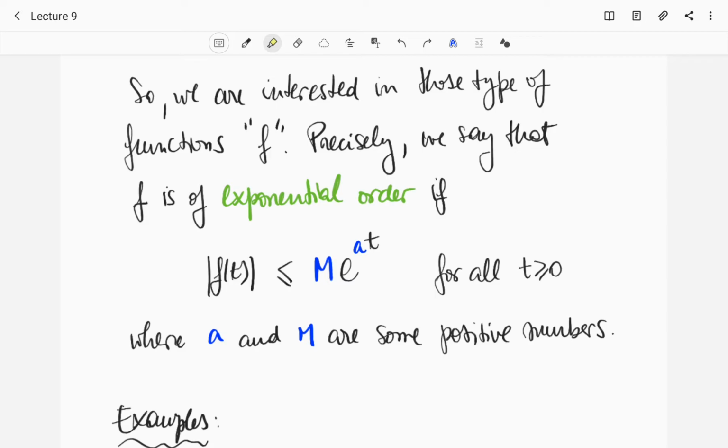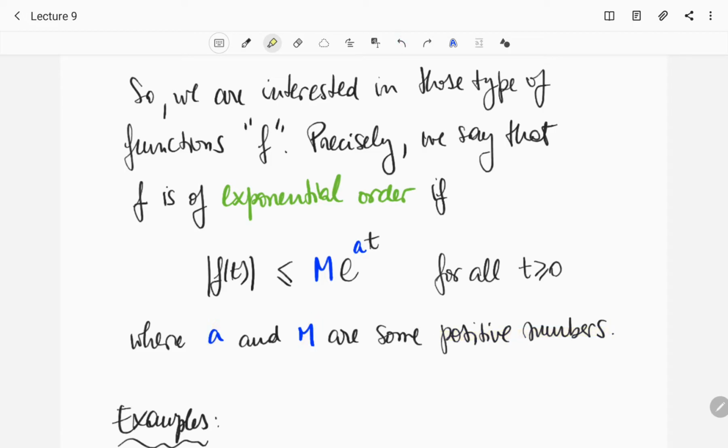Okay, so we are interested in those type of functions f where we have this exponential order, and we have a definition. We will say that a function f is of exponential order if the absolute value of f of t is less or equal than some number m times the exponential to the power a times t, where a and m are positive numbers.